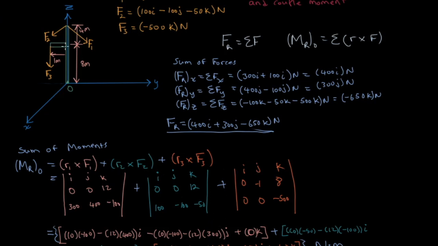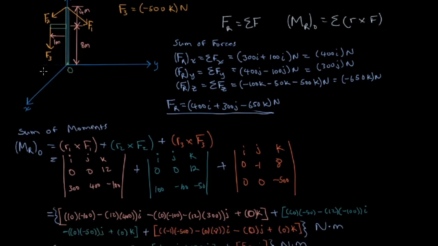So we do R cross the sum of F1 and F2, plus the cross product of this R here and F3. I'll show you how to do that.